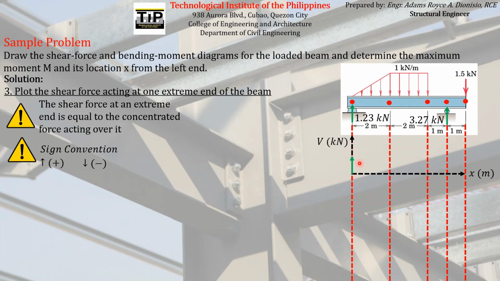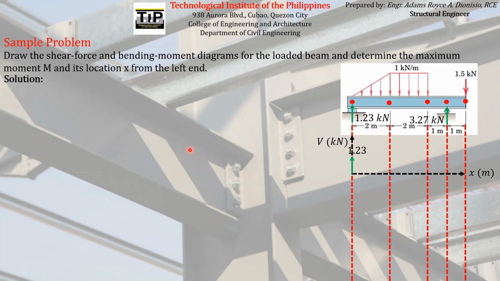So let's assume that this is the magnitude of the shear force acting on the left end, which has a magnitude of again 1.23, the same as the magnitude of the concentrated force acting on the extreme end. So that is actually the third step.